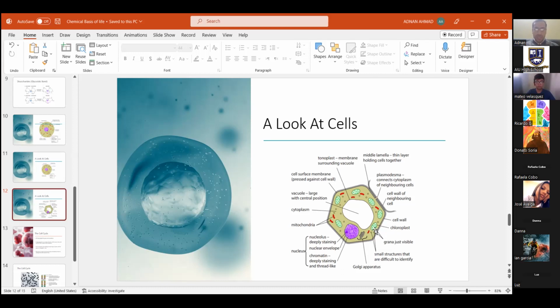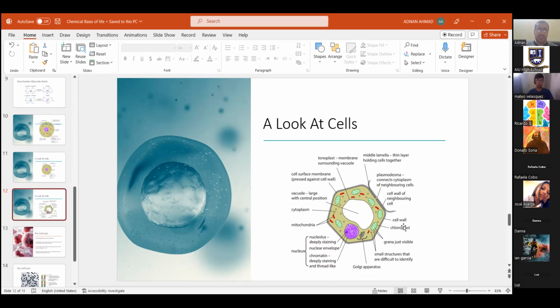So here we can see this green structure called chloroplast. Do you know the function of chloroplast? Anyone? Excellent, please repeat. It captures the sunlight and converts it.